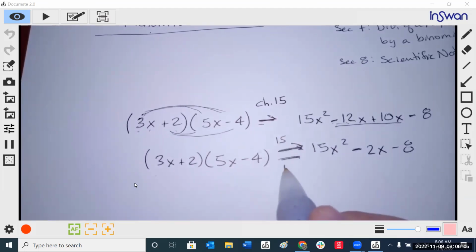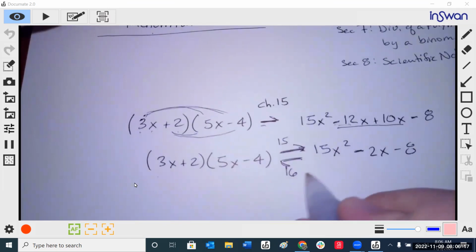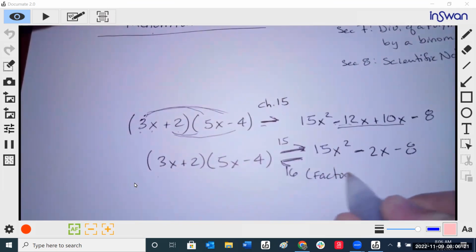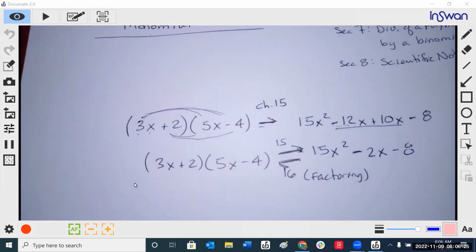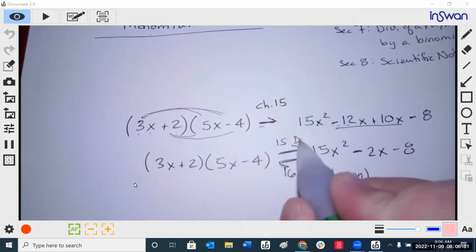In chapter 16, we're going to go backwards. I'm going to give you this, and you're going to tell me where it came from. They're inverses of each other. Chapter 16 is called factoring. In chapter 15, when you multiply them, that's called distributivity.